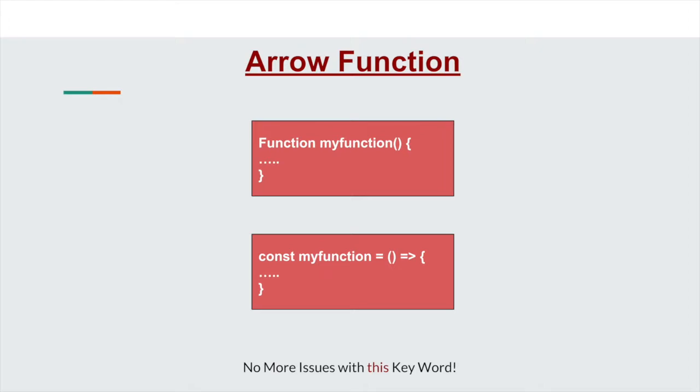The arrow function syntax is a bit shorter than the normal syntax since it omits the function keyword. And the great benefit is that it solves a lot of the issues you often had with the this keyword in JavaScript.